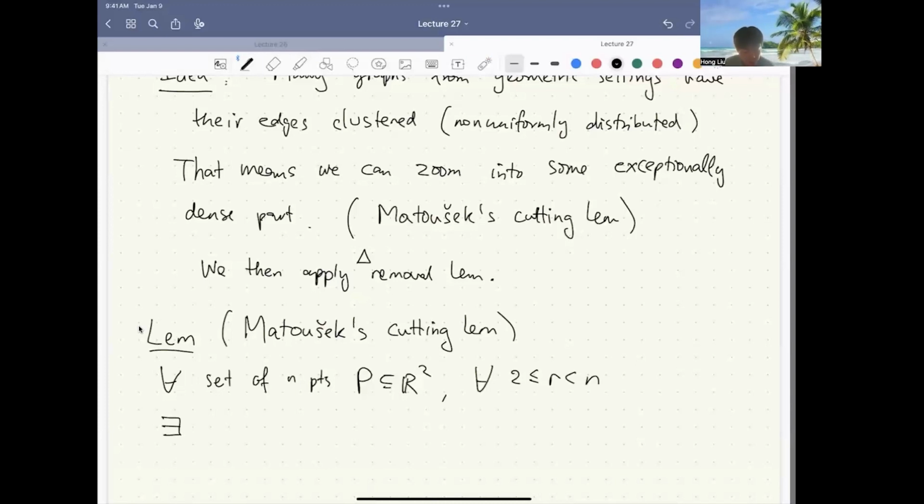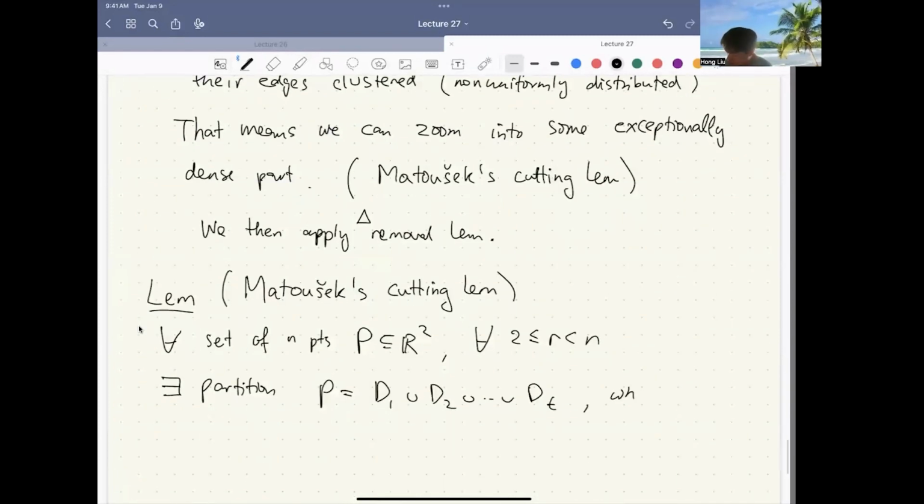a partitioning, a cutting of the points of P. P is partitioned into regions, parts, D1, D2, into t parts, where t is between r and r over 2, and each part is almost of the same size.